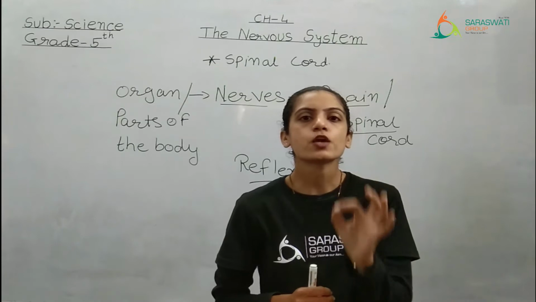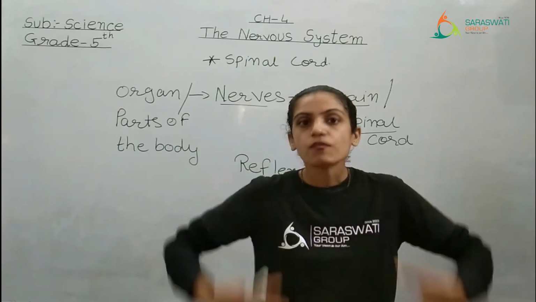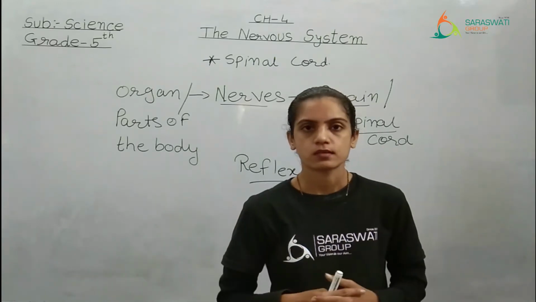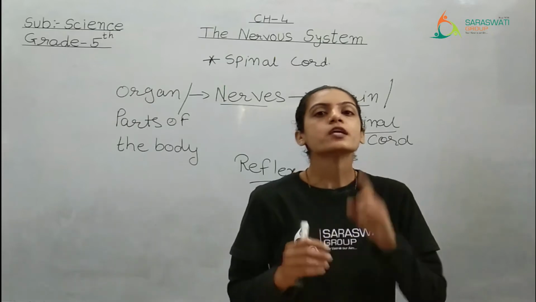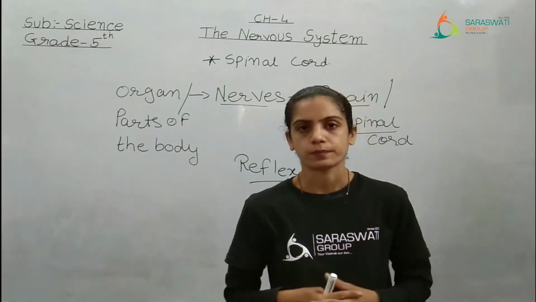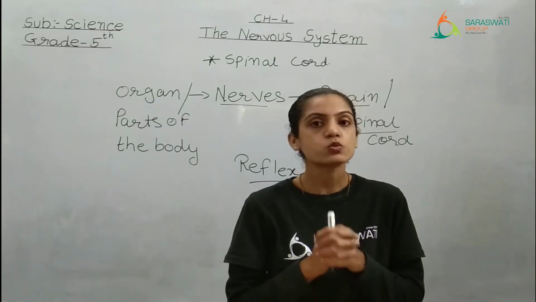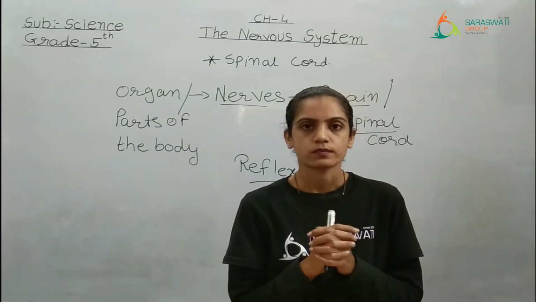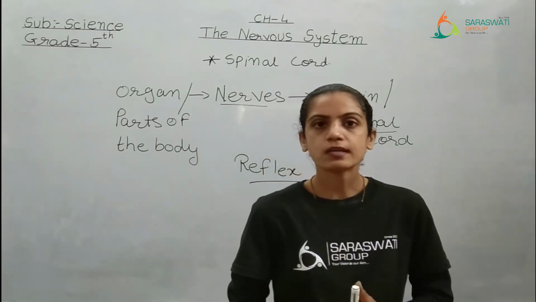Cell is the basic unit of any human body. So in our body there are so many cells, but the longest cell of the human body is neuron. The longest cell of the human body is what? Neuron. This is for your extra information, you will remember it, right? I hope you have underlined that.